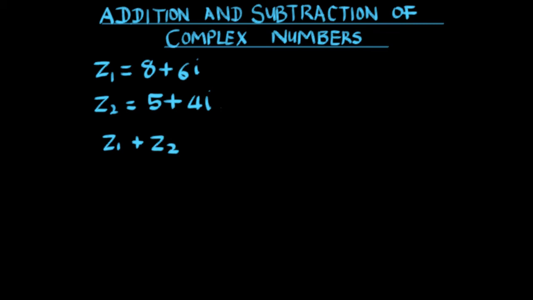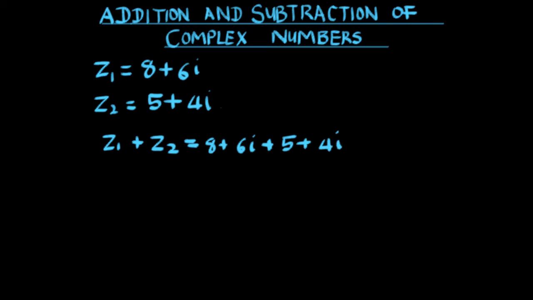It turns out that we can carry out this using our normal algebraic processes. We know that z1 is 8 plus 6i, and we are told to add z2, being 5 plus 4i.